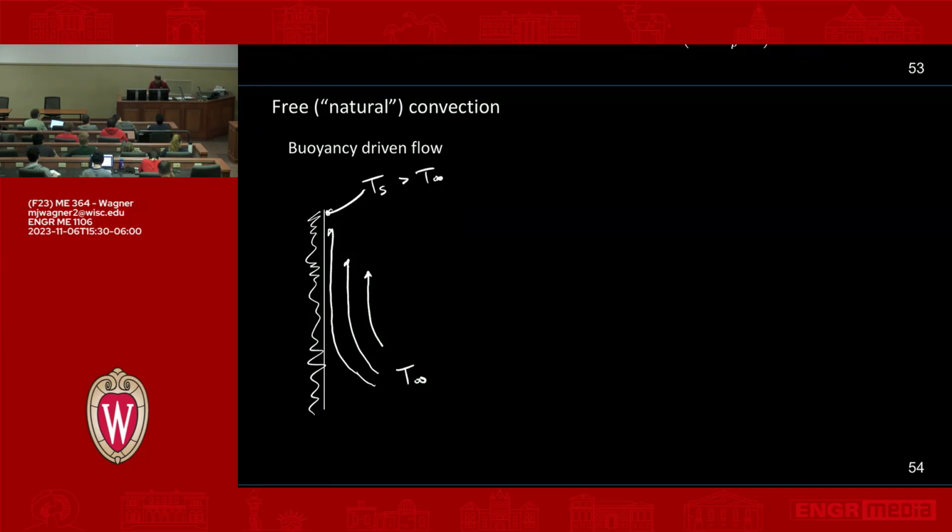Let's say that you have a cold plate up here, and down here we have a hot plate. And they're horizontal, but it doesn't really matter too much. In this situation, what would happen? Say air comes in, and it starts to form this sort of updraft situation.